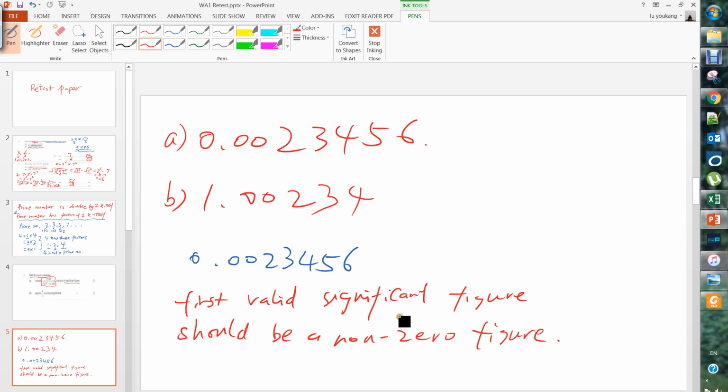Remember, the first valid significant figure should be a non-zero figure. So let's look at this. Is this a non-zero? This is a 0, right? So I shouldn't start here.